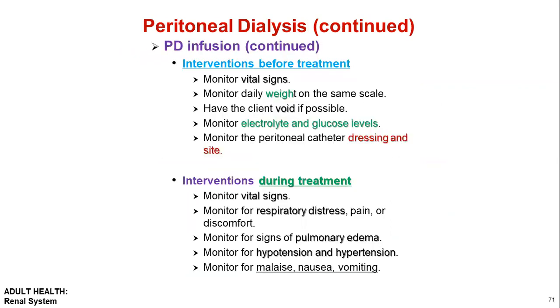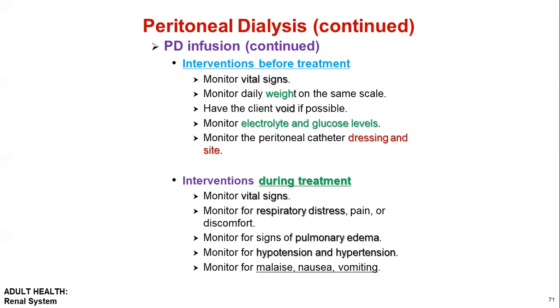It's called waste product. And during peritoneal dialysis, what interventions do we have to educate our patient about? First of all, before treatment, we always assess the body weight, warm the dialysis solution, and use sterile technique when accessing the catheter inserted in the abdominal wall.